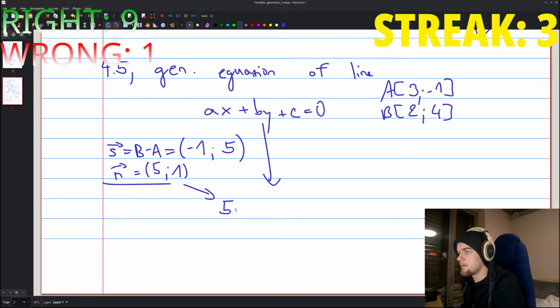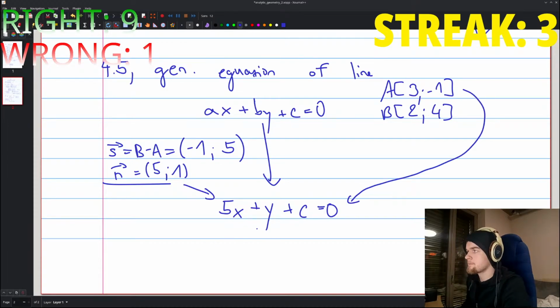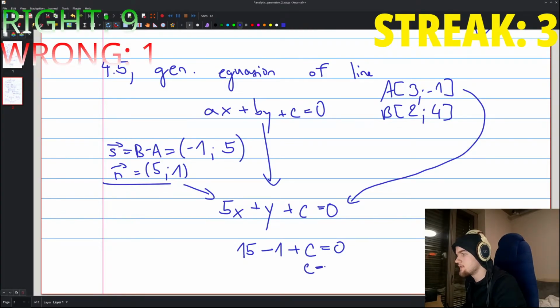So we get 5x plus y plus c is equal to 0. And then we pop in 3 minus 1. Okay, let's do this. So we get 15 minus 1 plus c is equal to 0, which yields that c is equal to minus 14.